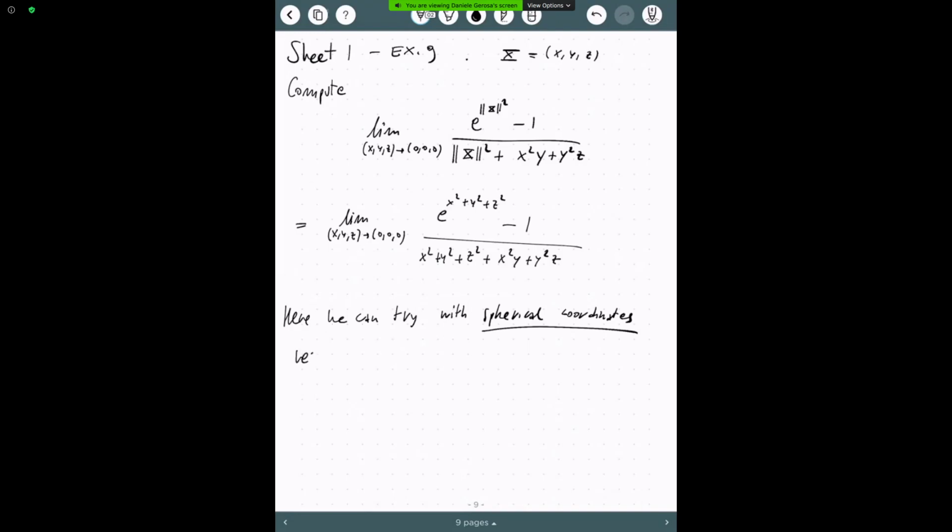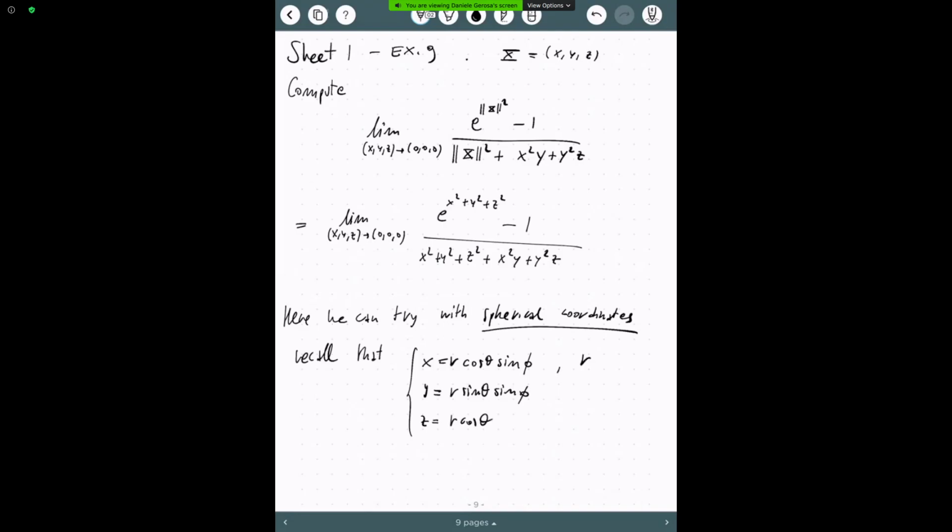And recall that spherical coordinates are defined as x equal to r cos theta sin phi, and then y is defined and z is defined. So y is r sin theta sin phi, and z is r cos theta.